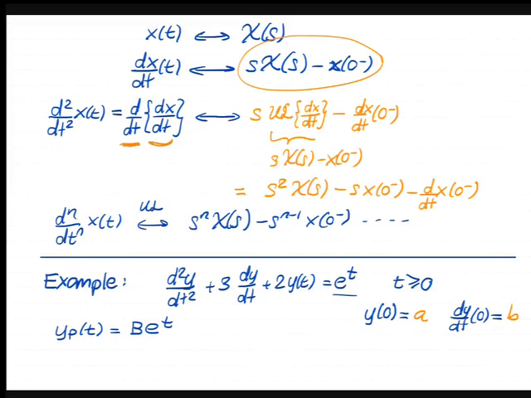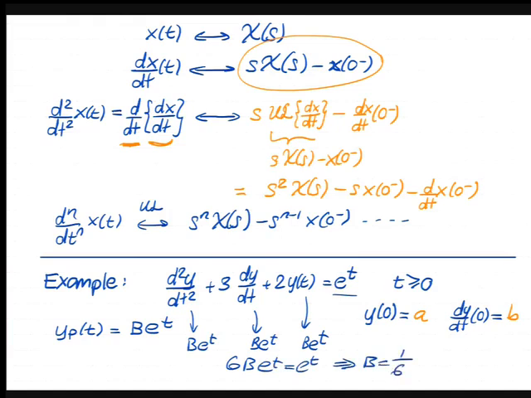But now I don't have that, so this is going to look like b times e to the t, this is also going to be b times e to the t, and this is going to be b times e to the t, right? Anyway, I have 6 of those, so 6 times b times e to the t is e to the t, and there you go. You have a solution for b. Should be 1 over 6. Okay? So that gives you a particular solution.